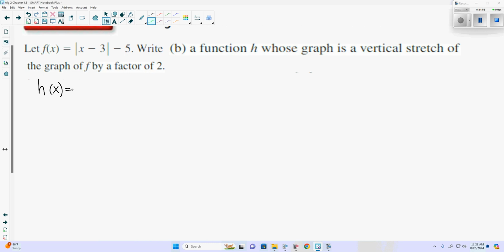So vertical stretch and vertical shrink have the same form of a times f of x, where a is the amount that we're stretching or shrinking the function by. And it would be 2.